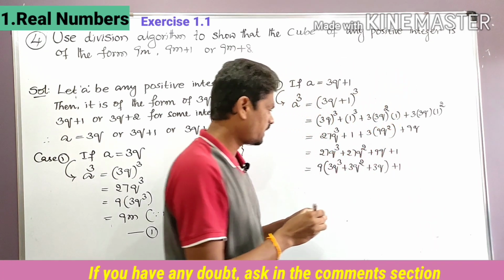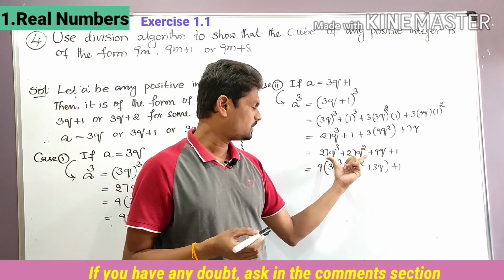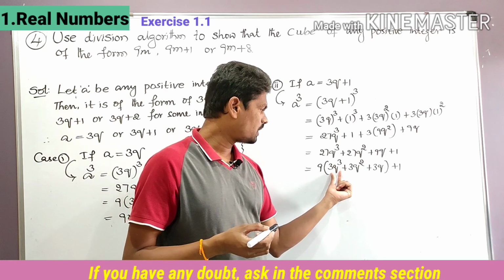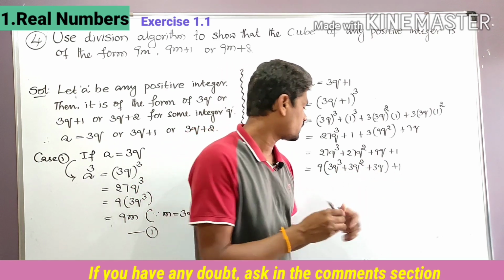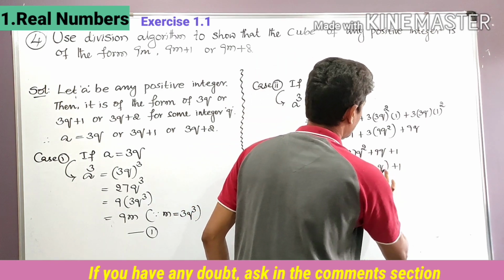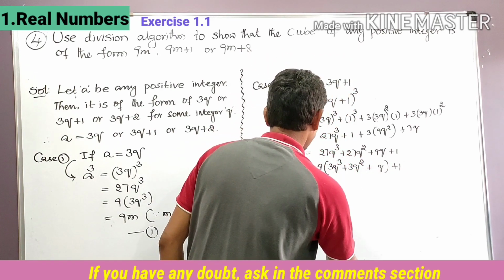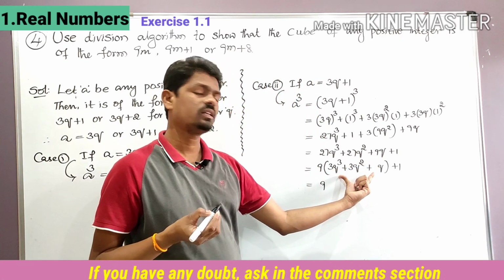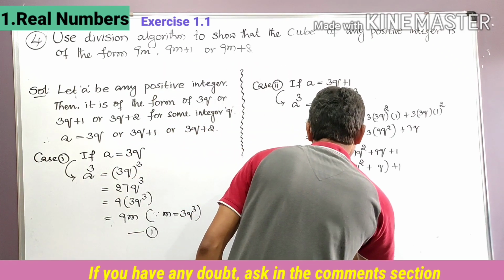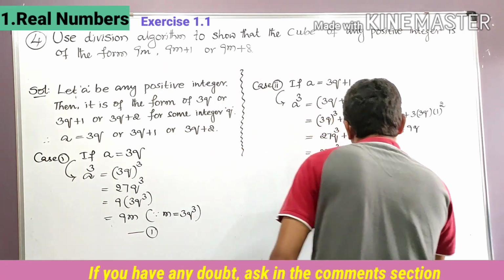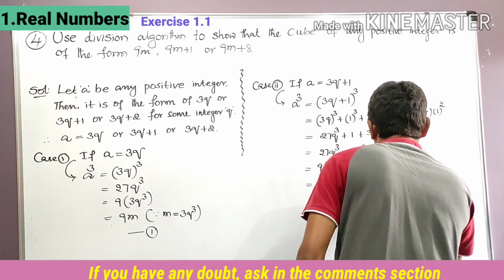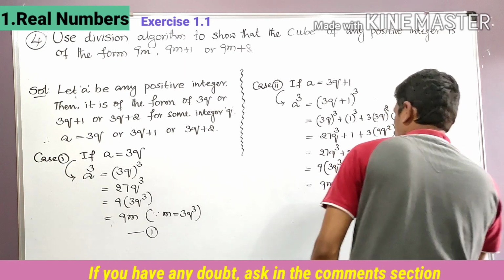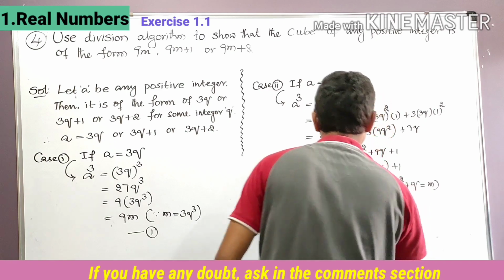So let this total in the bracket be m. It becomes 9m plus 1, since let 3q cube plus 3q square plus q is equal to m. Let it be equation number 2.